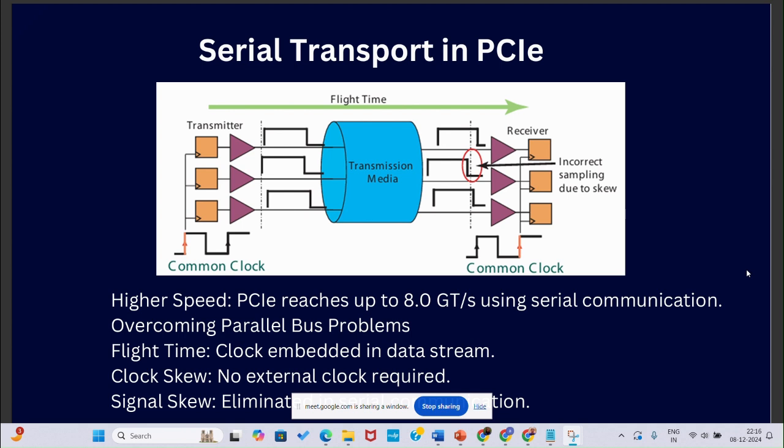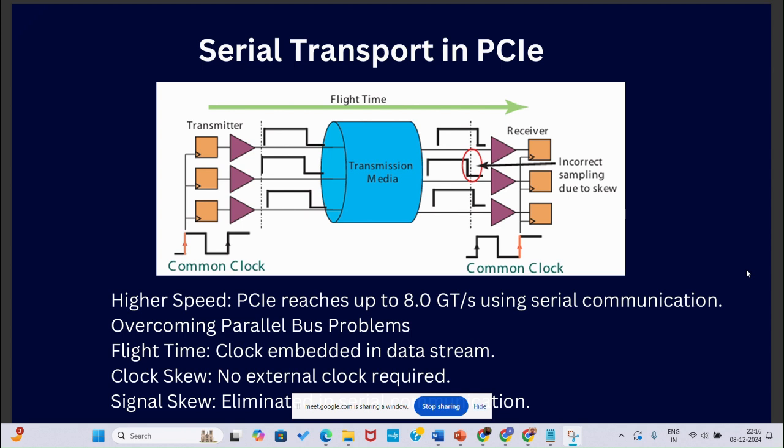So now let us talk about the next problem with parallel buses, the clock skew. This happens when the clock signal arrives at the sender and receiver at different times. This complicates the synchronization. And next is the signal skew.